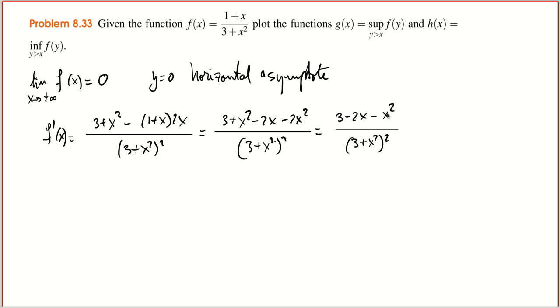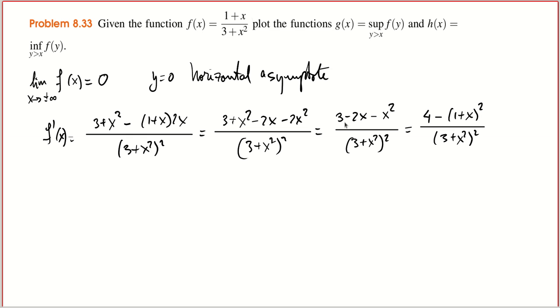Actually, because of these two factors, we could just write this as 4 minus 1 plus x squared, over 3 plus x squared squared, because the square of this is the square of x with the negative sign here. Then twice x times 1, so this is 1, again with the negative sign, and then minus 1.